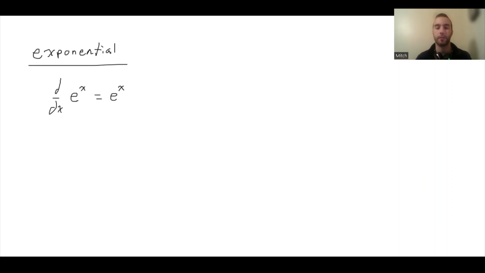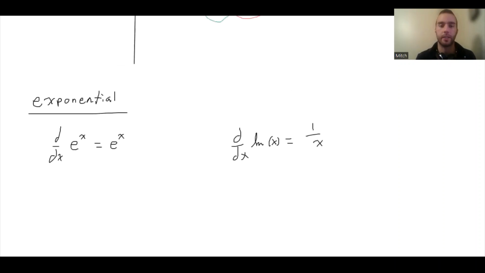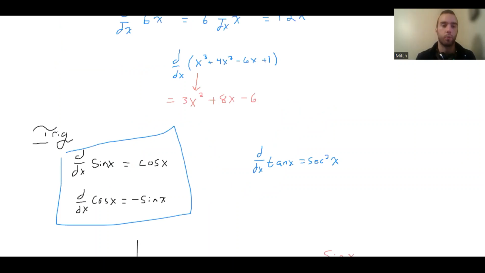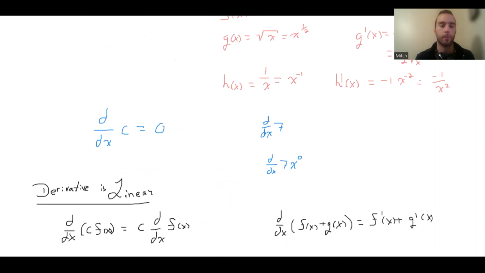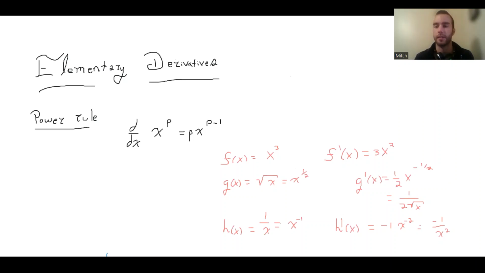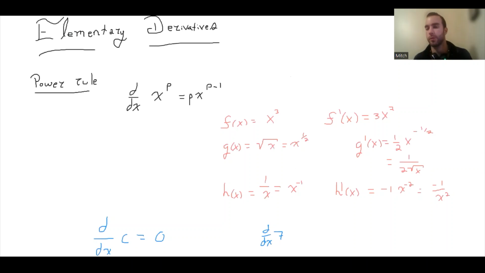And then for its inverse, d by dx of ln x is just going to be 1 over x. These are really just what you need to remember from the elementary functions.